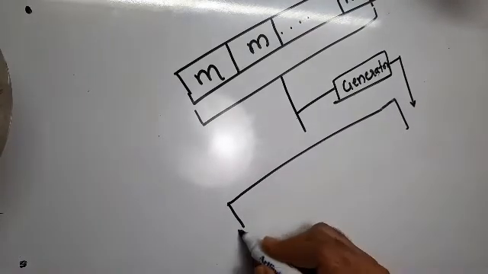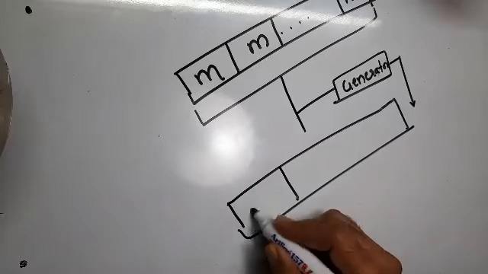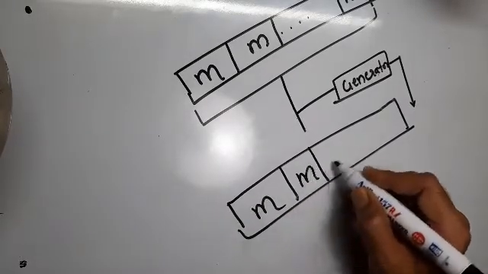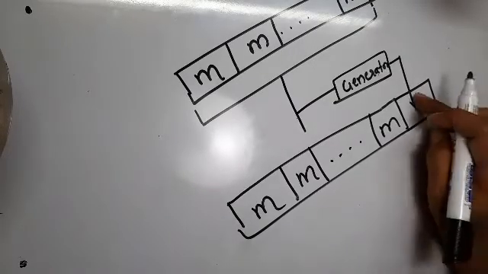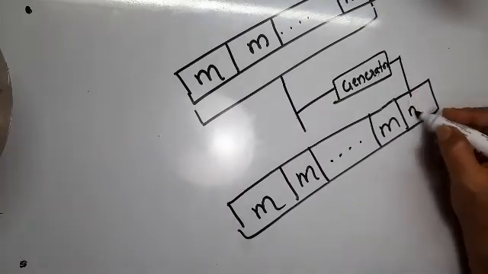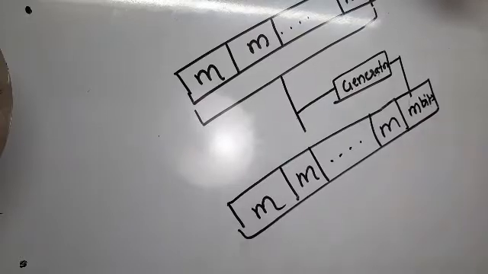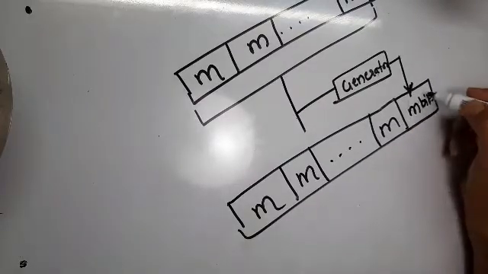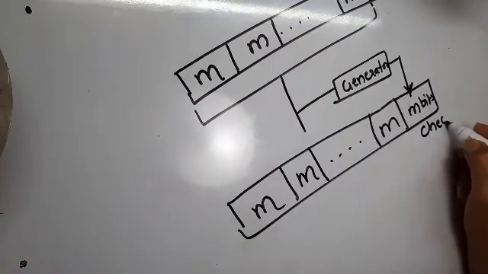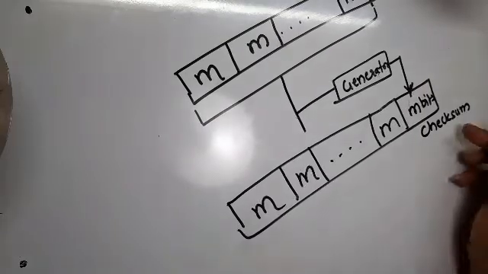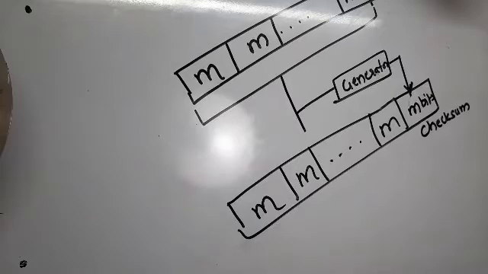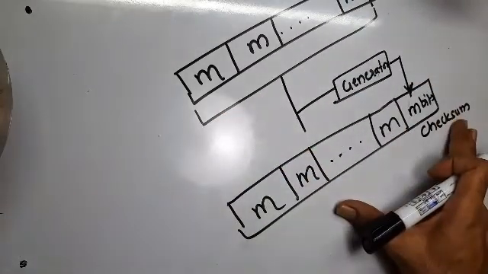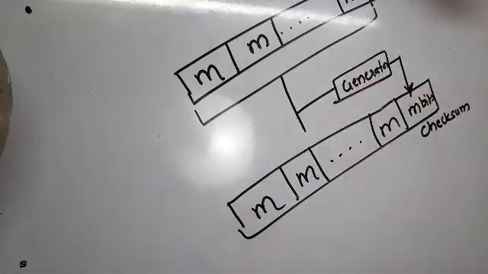So this is my message, the previous message we discussed. To this message again we are going to add another m bits, which will be my checksum. This is the checksum, which is going to be added to my message. This is what happens at the sending side. Now we'll see what exactly happens at the receiving side.